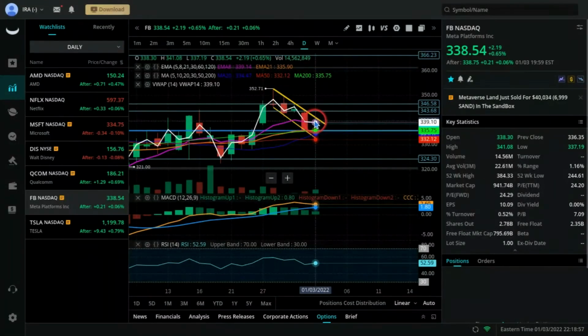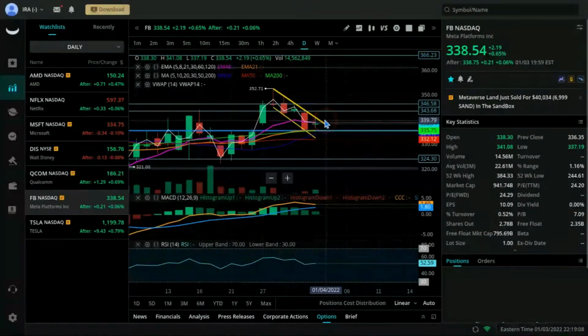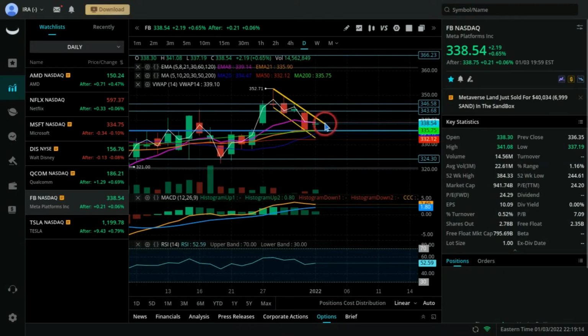If it does its thing, it does its thing, but I really don't see it being bullish chart wise. But to play the call trigger, the trigger would be 339.79. And the put trigger would be the break of this support, which would be 335. You could just play 335 even.